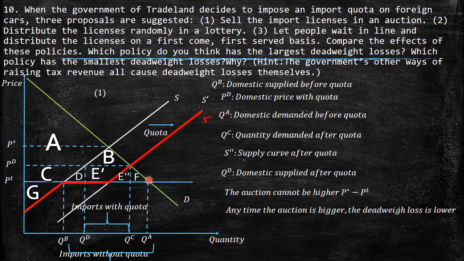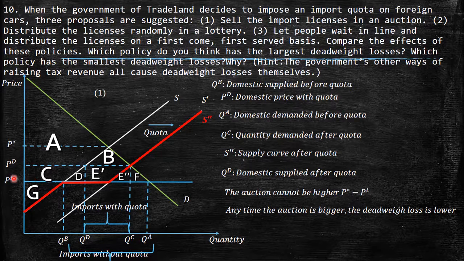So in this sense, you can say that the second one can produce the less deadweight loss. The first policy would be the lower one, since the auction price plus PT is closer to PD. Okay, so in this sense, actually I'm thinking about it, not P star, maybe PD could be better.